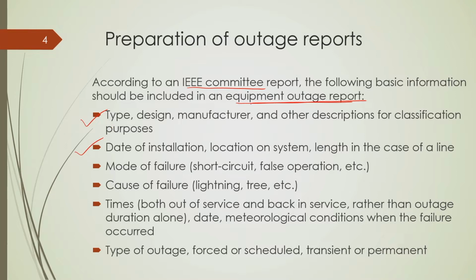This will give them an idea of what sort of preventive maintenance will be required. Then the mode of failure of a particular equipment, cause of failure, time of failure and type of outage. This report helps facilitate future activities, which could help the distribution network operator to improve the reliability.